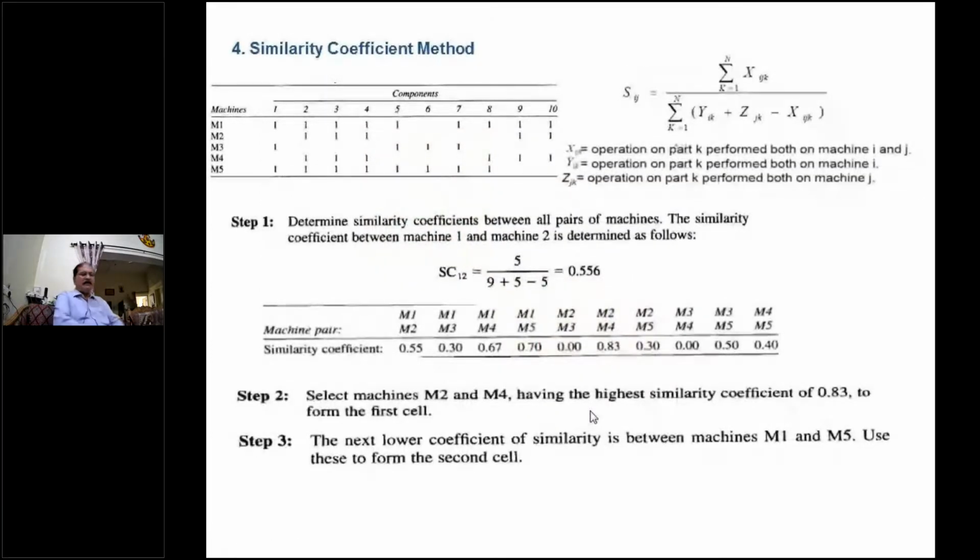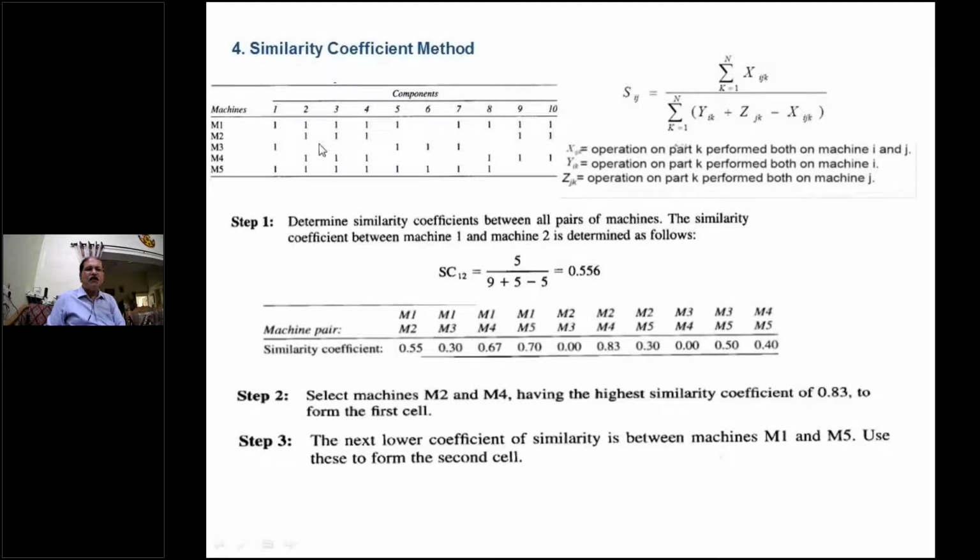There is another method in group technology that is used, known as the similarity coefficient methods. In the similarity coefficient methods, suppose this is the incidence matrix given. There are 10 components or 10 parts and 5 machines. Then the similarity between two machines can be found out.